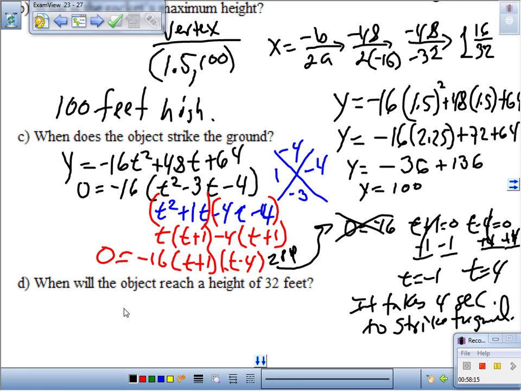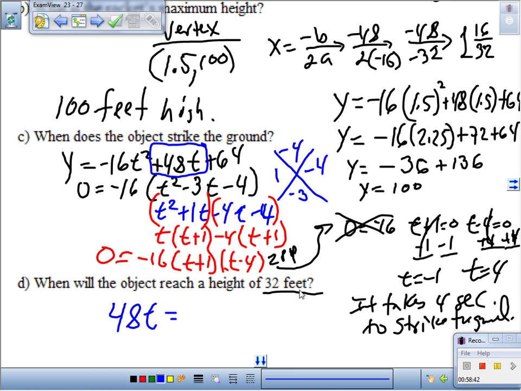Next, when will the object reach a height of 32 feet? Well, let's see. What was the velocity, everyone? Look at your equation. What is the velocity? 48 feet per second, so 48t.